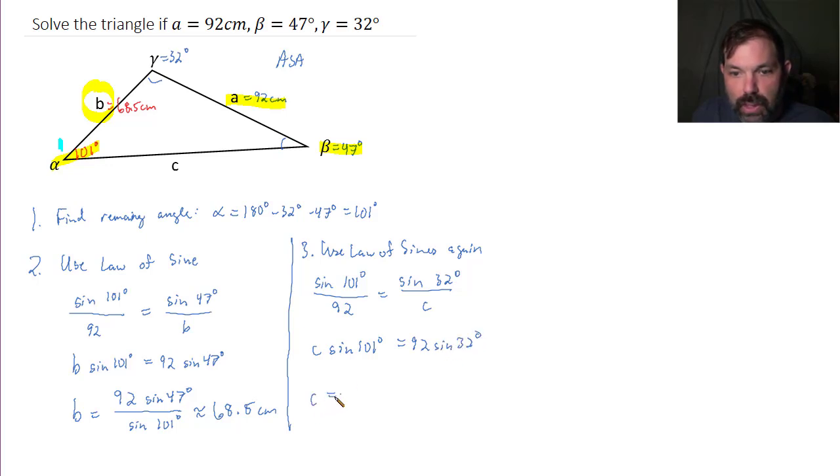So C is 92 sine 32 degrees over sine 101 degrees.